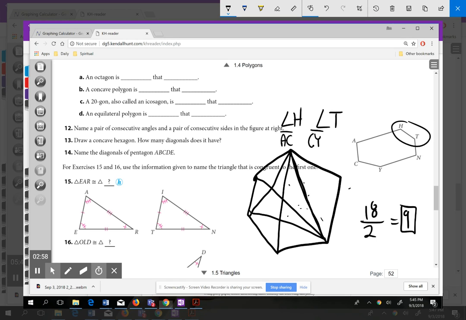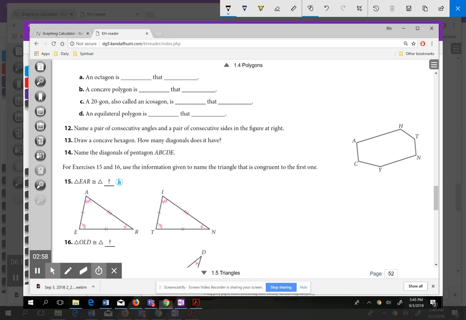So when you actually end up drawing the diagonals at each vertex, you only get 9 of them, not 18. So every single one of these points should have 3 little lines, diagonals coming out of them, and a total of 9 diagonals. Okay.